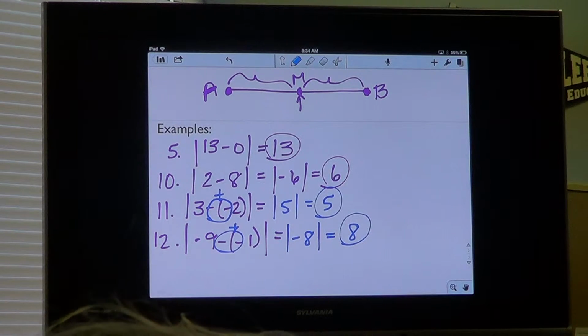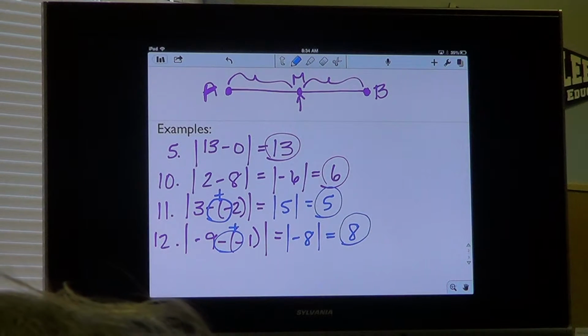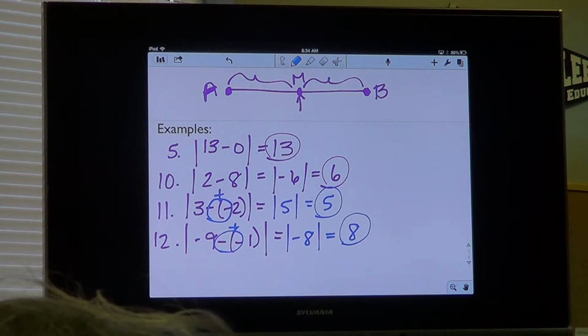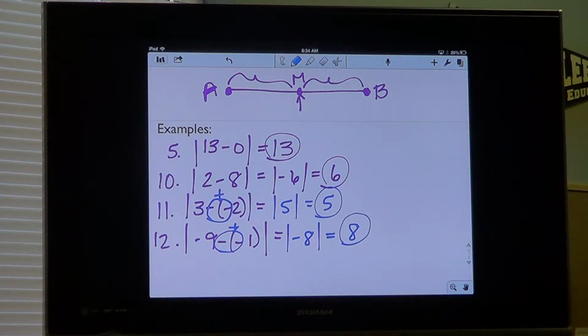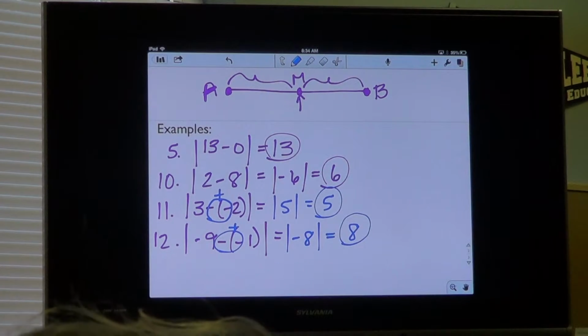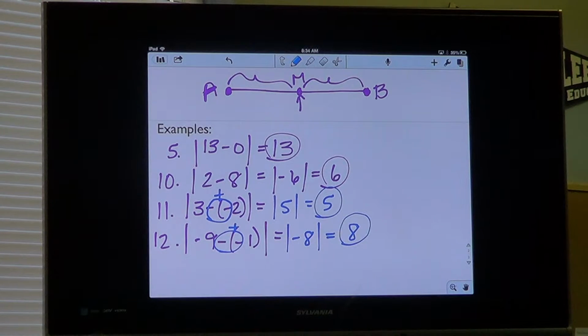Number 15, the origin. Mac? G, good. The origin means 0, right? Number 16, the coordinate of the origin. I just said it. Yeah. 0. Number 17, the end point of ray EJ.